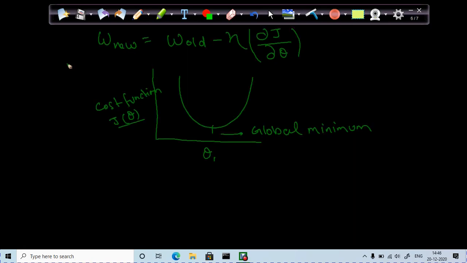Now this is the graph of the cost function J theta. The lowest point of this graph is called the global minimum. Now assume our first randomly initialized weight is here, and you know that our previously used weights were not giving us a good result. So we have to optimize these weights. Now how will we do that? First I will calculate the gradient or slope of this point, and it turns out that the slope of this particular point is positive.